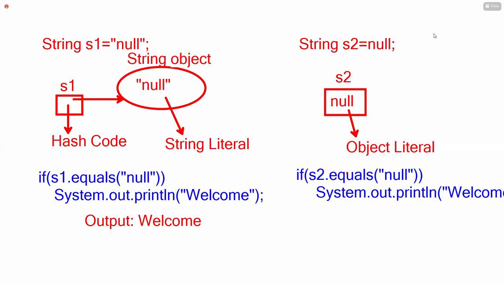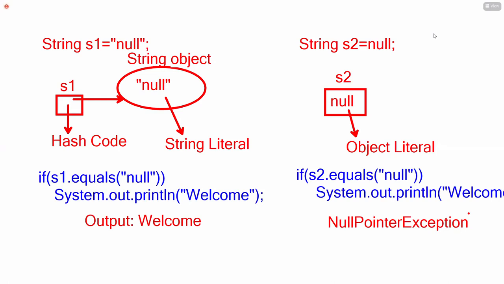Is there any object? Here, this does not refer to any object. This is called null pointer exception. Without an object, you are calling a method. So here it is exception, null pointer exception. Write this one. Null pointer exception.